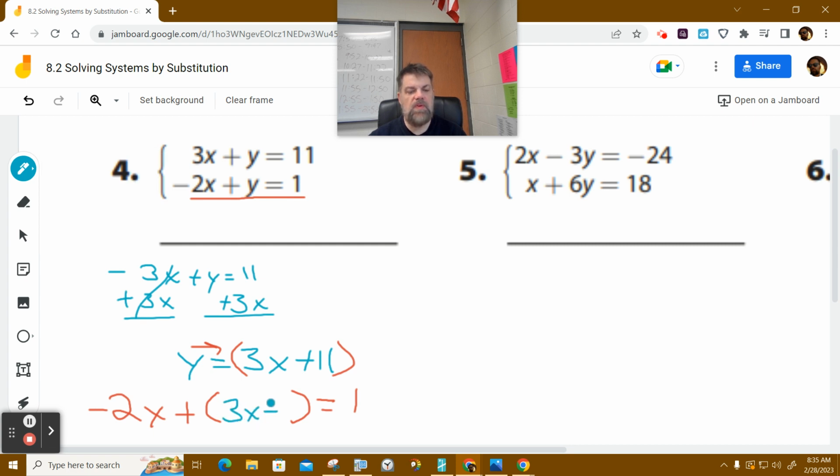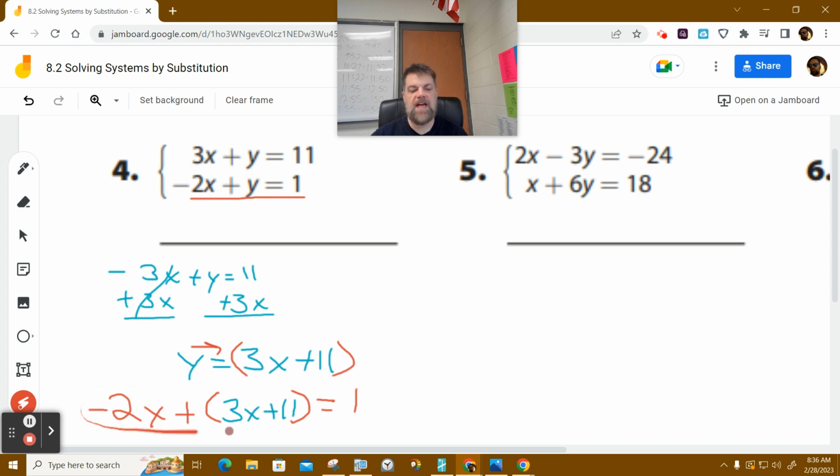Now, before I move any further, look at this line right here. The problem is, if I go to solve for x or y on this, I'm still going to have the other variable. I solved for y here, but I still had x over here. And if I were to do a similar thing over here, I'm still going to have x and y. But when I substitute, what do you notice with regards to the variables?